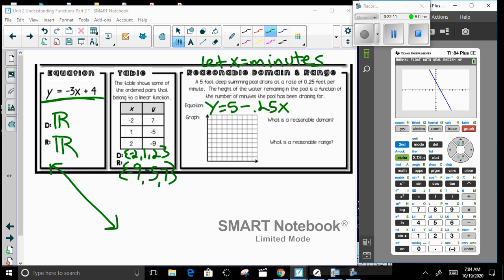All right, so let's start by putting it in our calculator. So 5 minus 0.25x. So keep in mind that your x-axis is your time, and your y-axis is the height of the water.